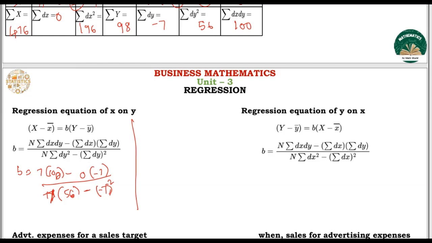So now b equals 700 divided by 56 into 7.